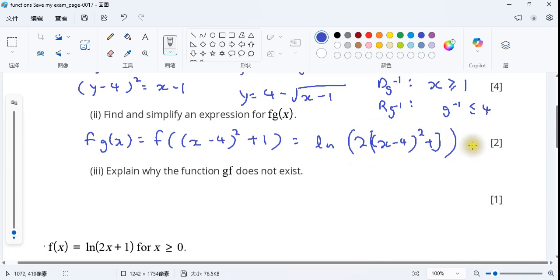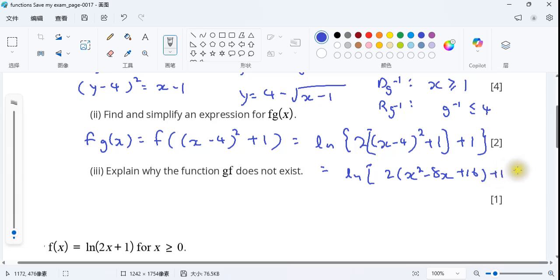So we have 2 times this whole thing, 2 times (x - 4)^2 + 1, and then plus 1.